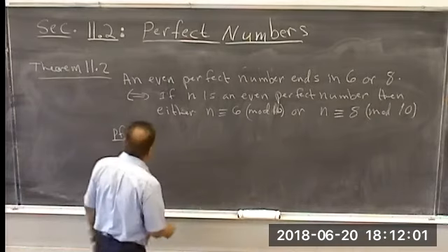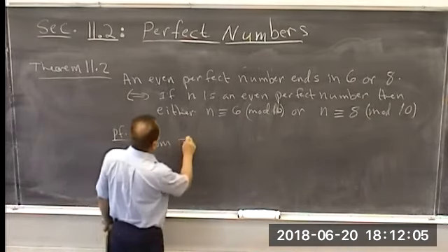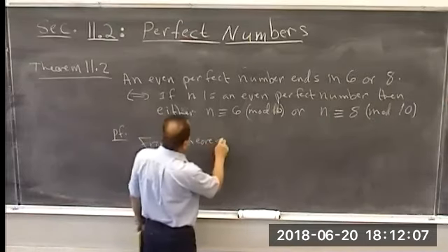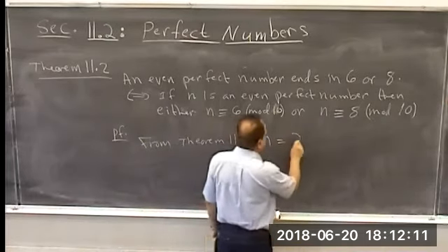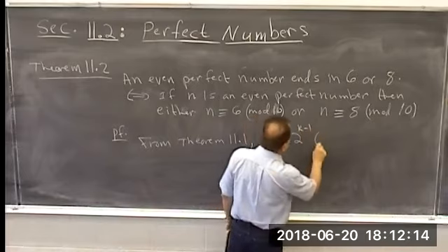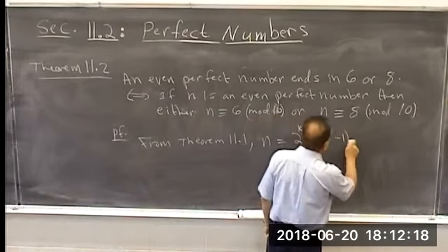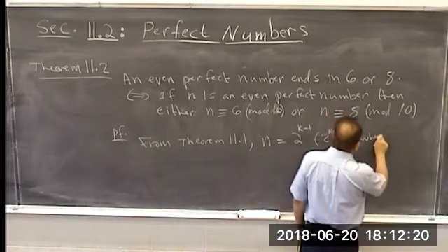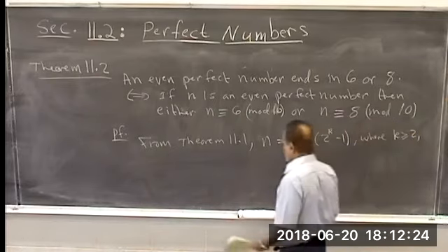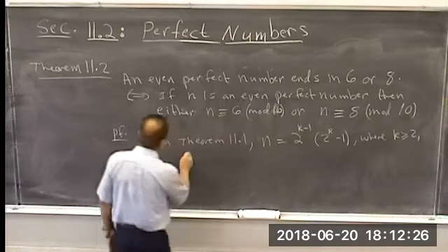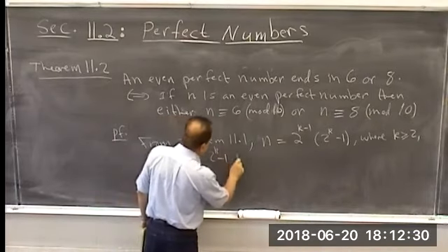Remember that we know from the previous theorem that n has this form: 2 to the k minus 1 times 2 to the k minus 1, where k is bigger than or equal to 2, and of course 2 to the k minus 1 is a prime.